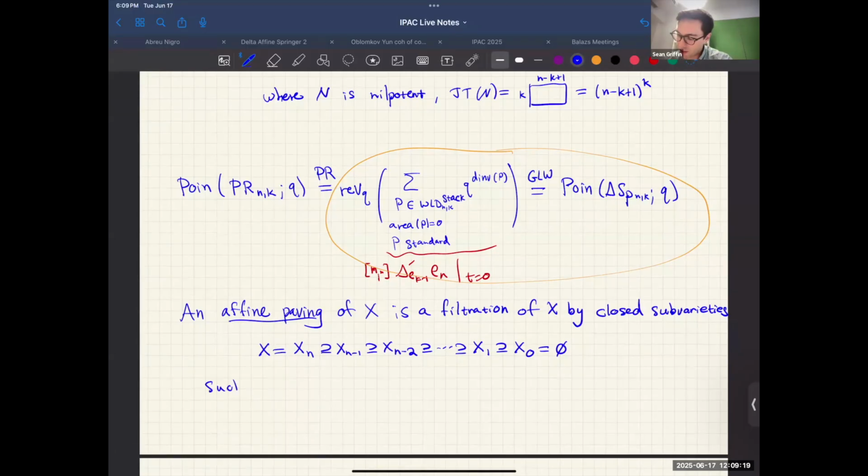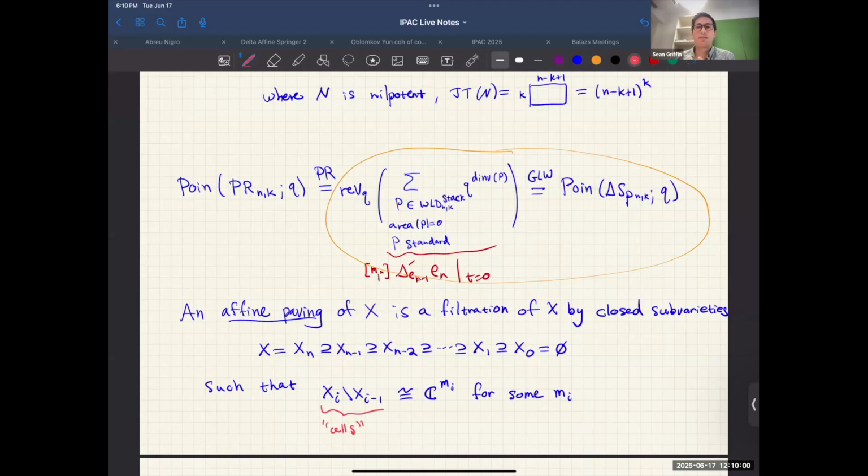So that each difference is isomorphic to affine space, some power of C, for some m_i. So the dimensions could vary as you go along the filtration. And these differences are what are called cells of the affine paving.